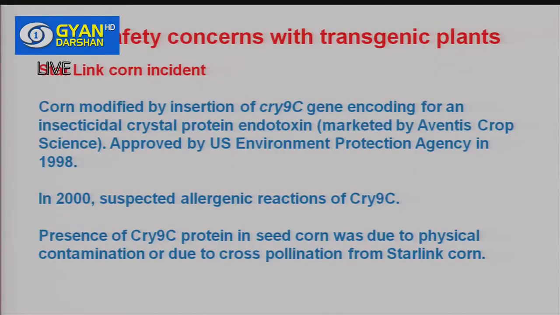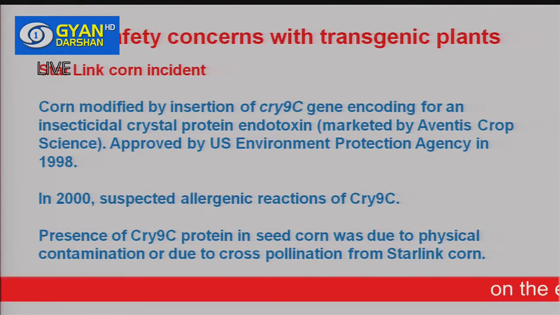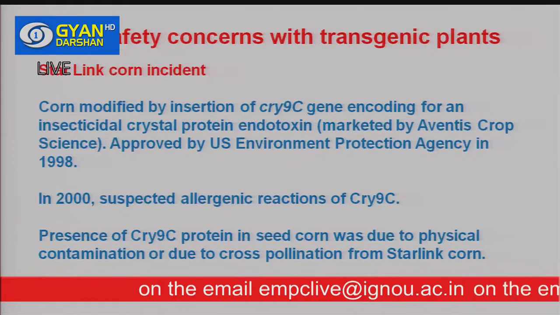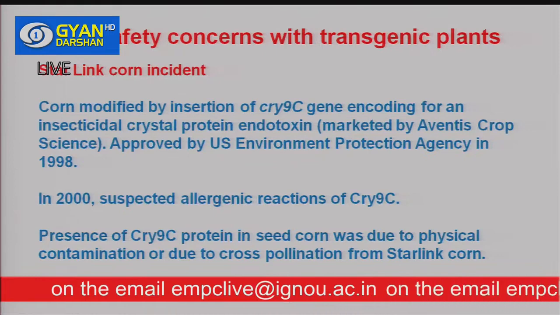Now, one of them is the StarLink corn incident. What happened? Cry9C, cry stands for crystalline toxin. In one of my earlier sessions, I talked about Bt transgenics, Bacillus thuringiensis, which leads to insect resistance. So in order to generate insect resistance, a cry gene called cry9C was cloned in corn, that is maize.